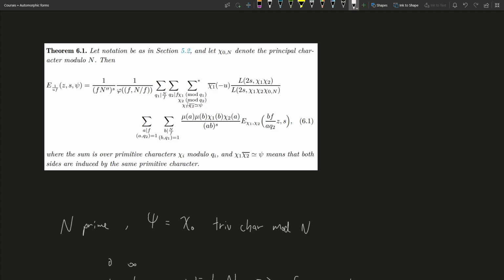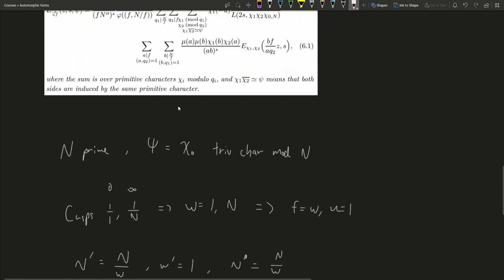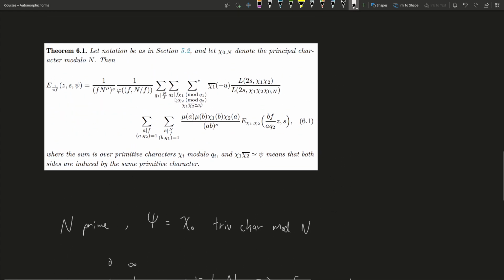Now, chi2 is a primitive character mod q2, and if q2 is n, then the product chi1, chi2 is a primitive character mod n, but we need that character to be induced by the same character as psi, and psi is the trivial character, so it is induced by the trivial character mod 1.